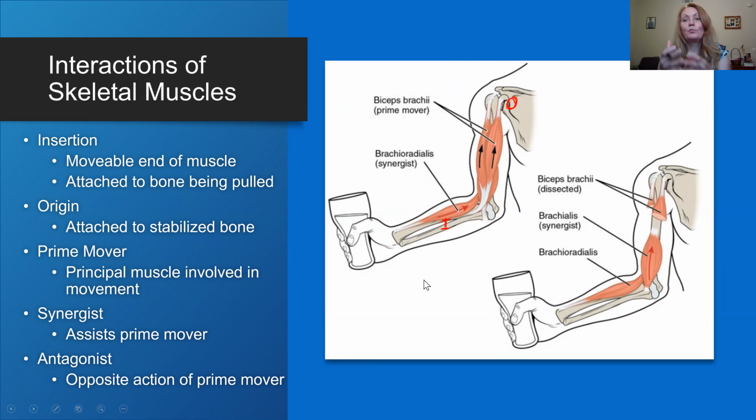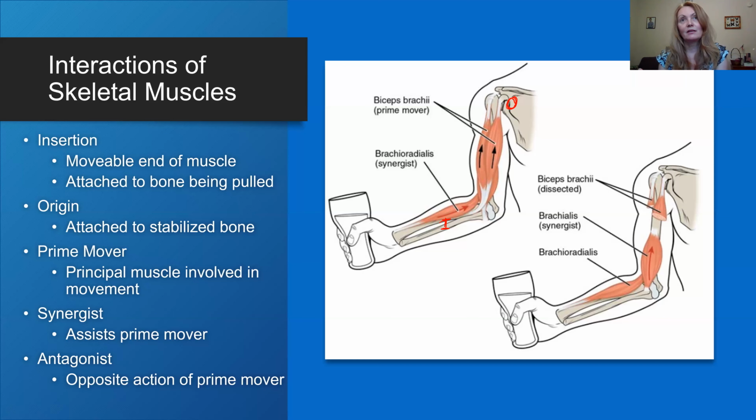And muscles can only pull, they cannot push. So if one muscle pulls to flex your arm at the elbow joint, the same muscle cannot push. You need another muscle to pull, right? So muscles can only pull. That's why you have what we call antagonistic muscles.